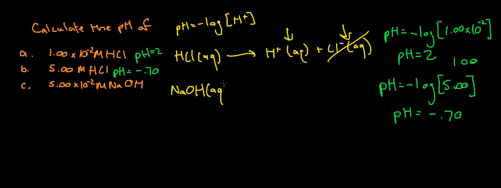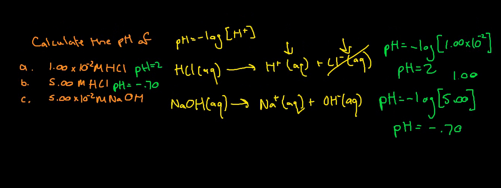It's going to go to completion as well. It's also 1-to-1, so this concentration of reactant will give me the same concentration of product since it's 1-to-1. But this is OH, so there are a couple of ways I can do this problem. I may as well do both.